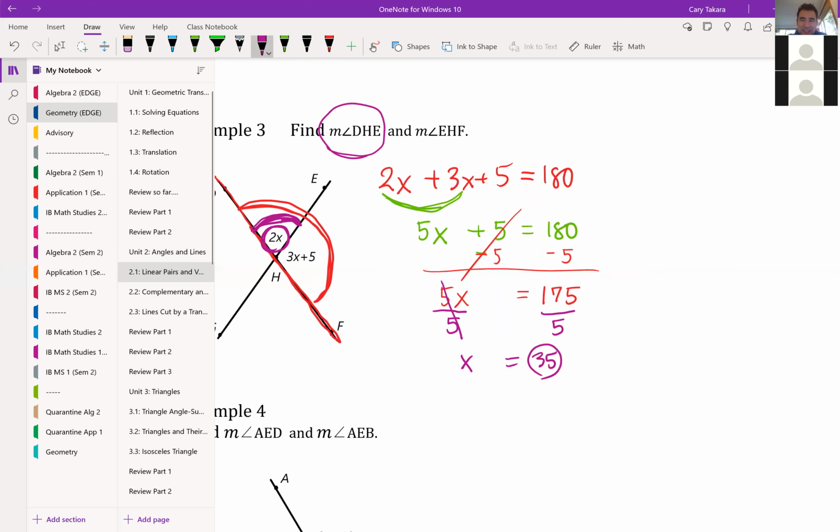So angle DHE is going to be 2x. It's 2 times x, but what is x? X is 35. So 2 times 35 equals 70. So DHE is 70 degrees.